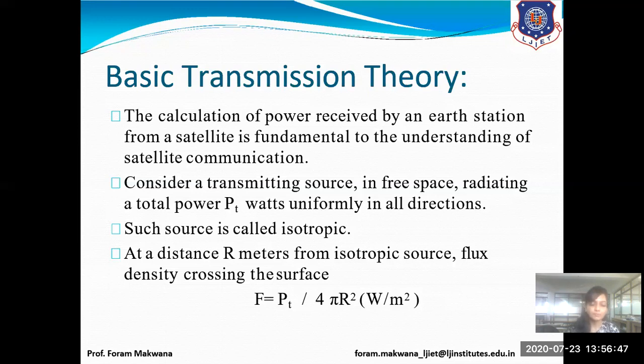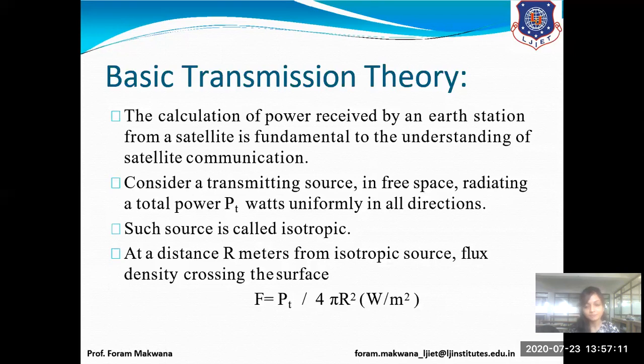Now, we have to calculate what will be the power received by an earth station from a satellite, because it is fundamental to understand satellite communication. So first of all, we are considering a transmitting source in free space.